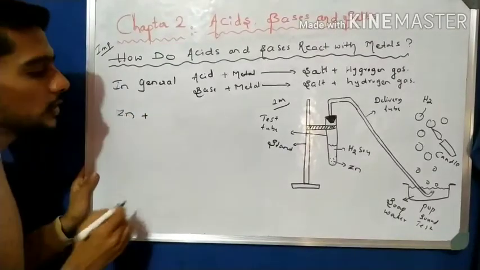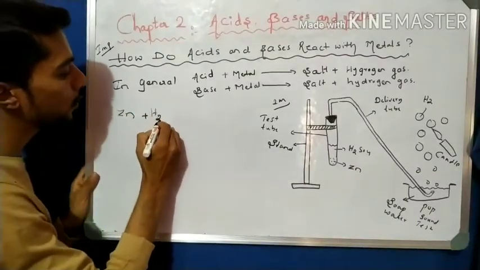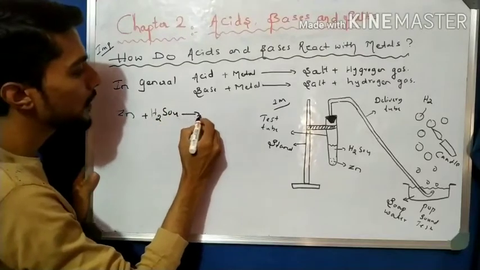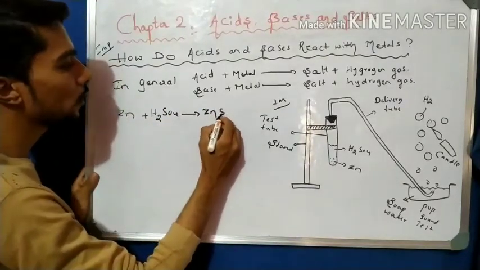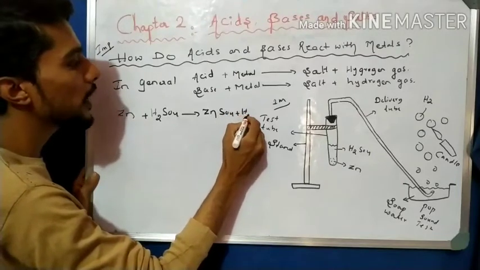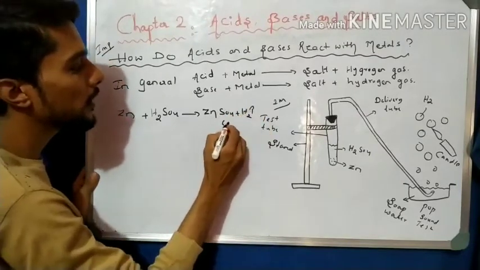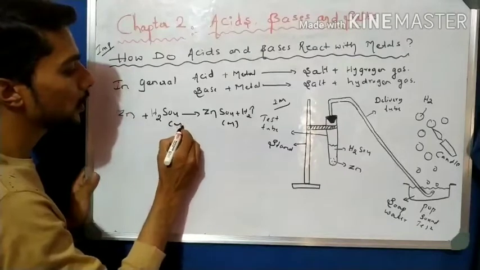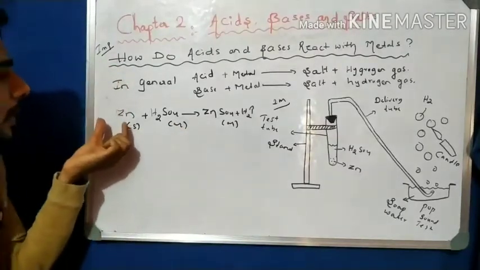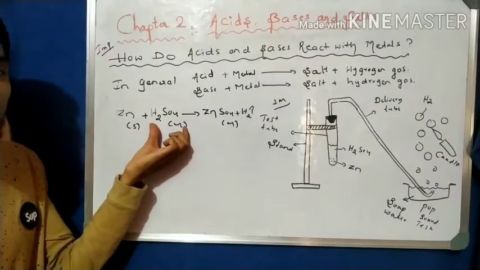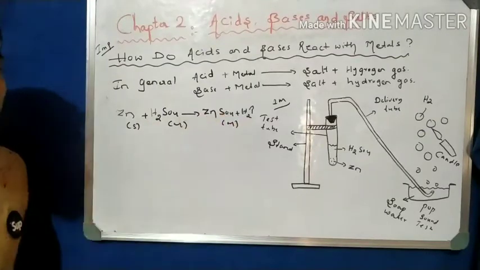Plus the acid I used, H2SO4. A displacement reaction takes place: ZnSO4 plus H2 gas is liberated. It is aqueous, and this is a solid. So this is the reaction of metal with acid. They form salt, and hydrogen is liberated.